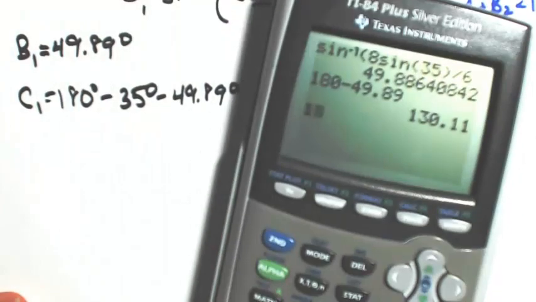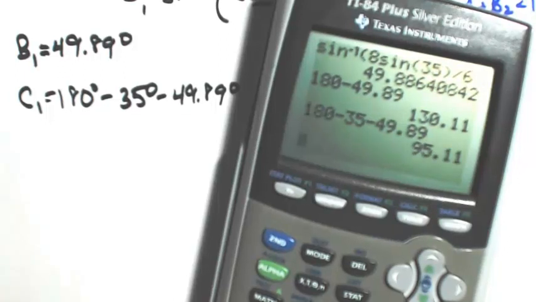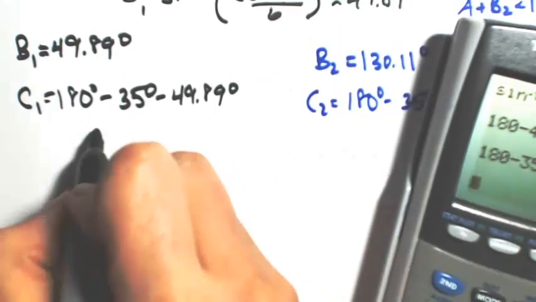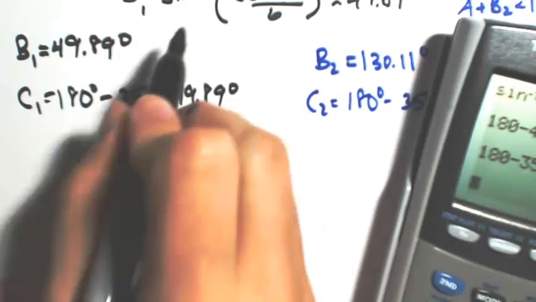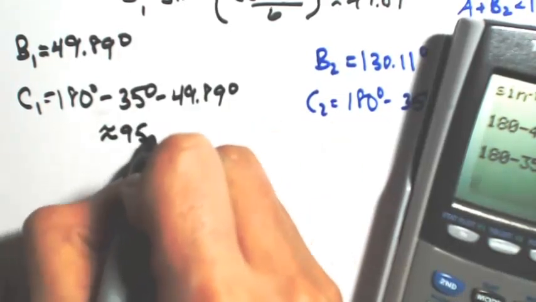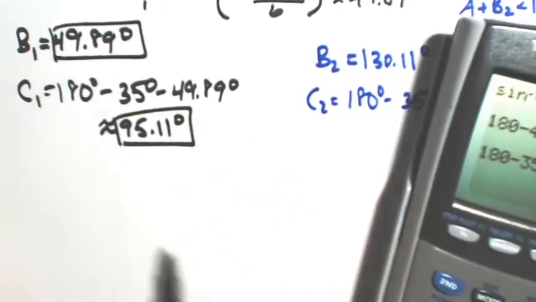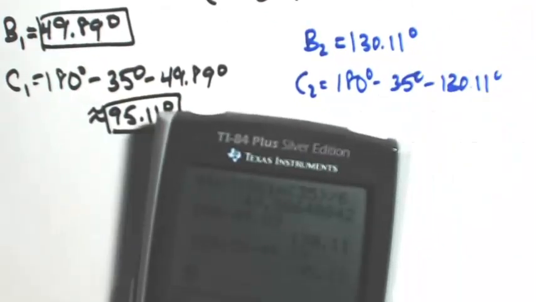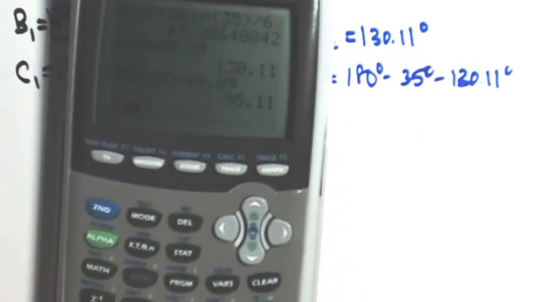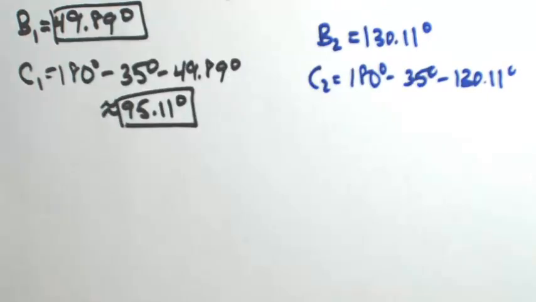So for C1, we would have 95.11 degrees. I'm going to say approximately because B1 was approximated. For C2, 180 minus 35 minus 130.11, we'll get about 14.89 degrees.